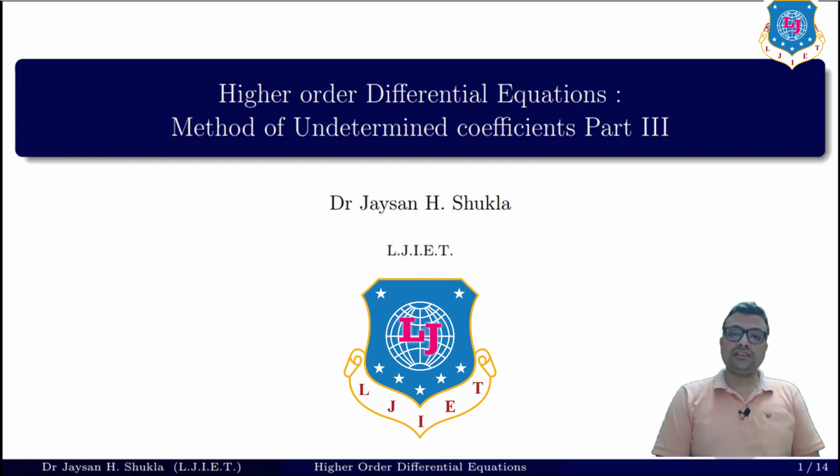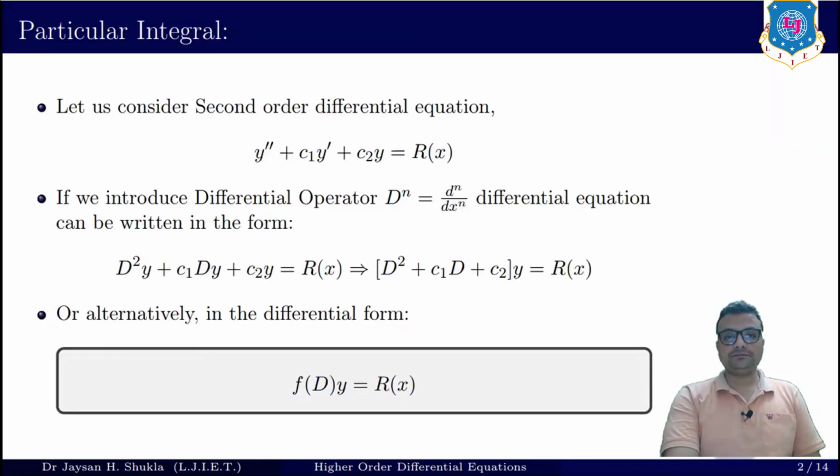And we'll also see what will happen if the right hand side is multiplication of two functions, for example x square into e raised to x. How to find the differential basis? I will try to cover the complicated cases like combination of functions and repetition of elements also. Let us begin.